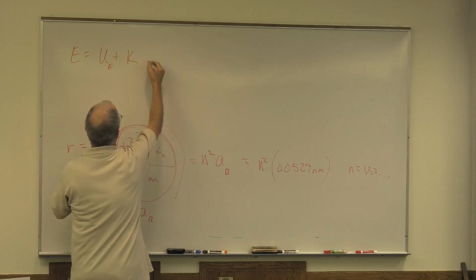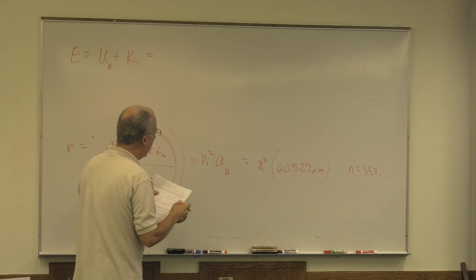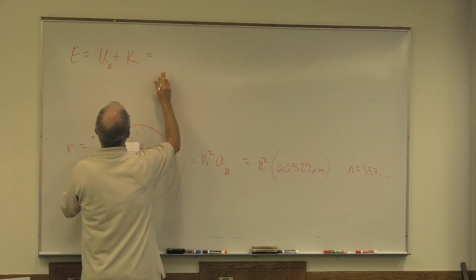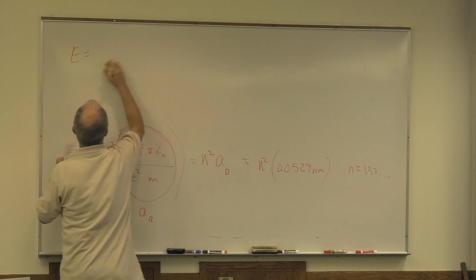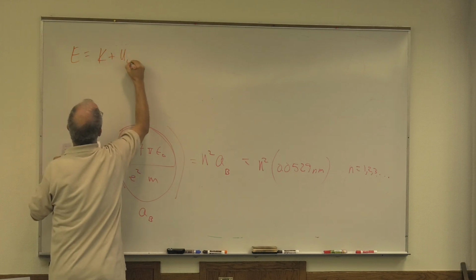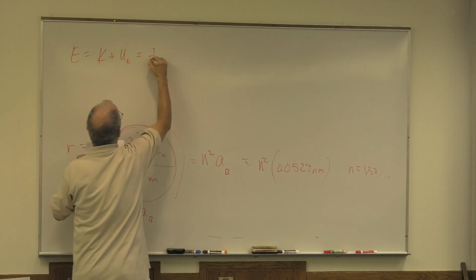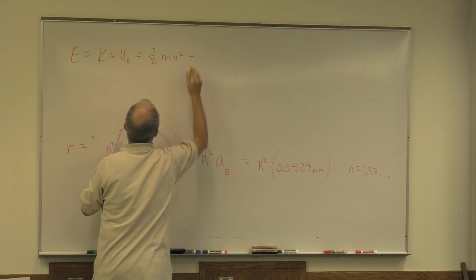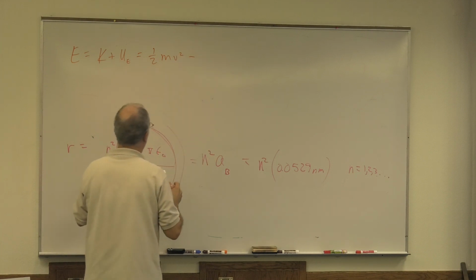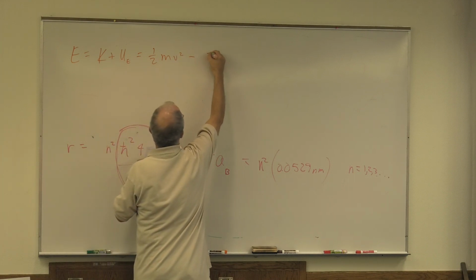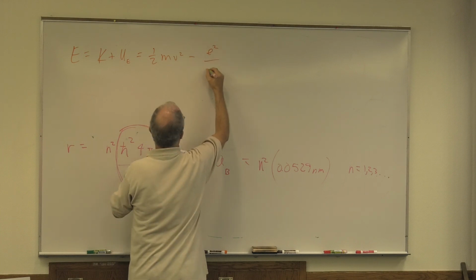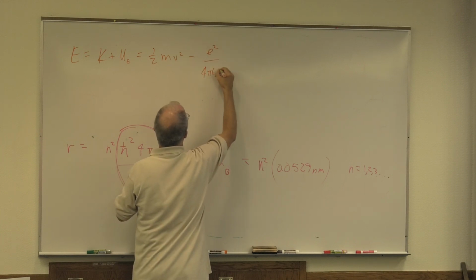Okay, so if you didn't take physics 220, don't worry about it. So let me rewrite it. So K plus U_E, so kinetic energy is 1/2 m v squared. We learned in physics 220 that it's e squared over 4 pi epsilon naught r.